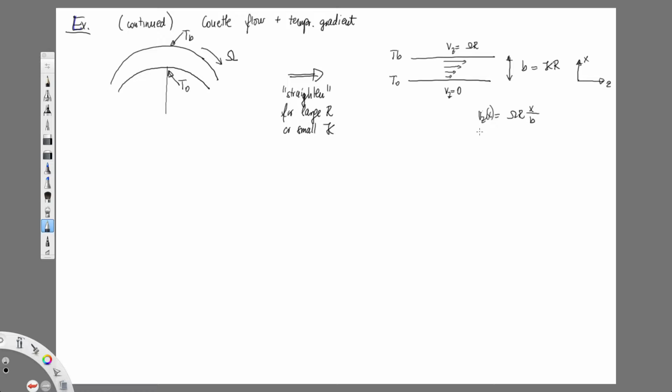So basically, this is a linearized velocity profile. So again, technically not very different from the actual solution, but you should verify.